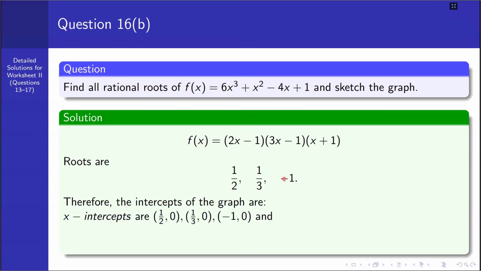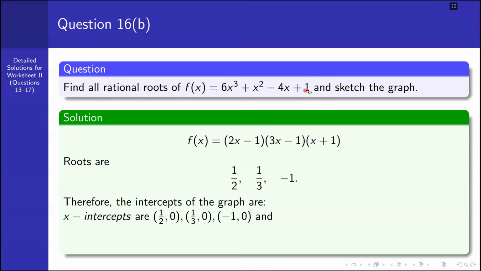Graphically, a zero of a polynomial function is the point where the graph crosses the x-axis. So the graph crosses the x-axis 3 times, at the points 1 over 2 0, 1 over 3 0, and minus 1 0. Every polynomial function has only one y-intercept, and this y-intercept is obtained by letting x be 0, so that is the constant term.